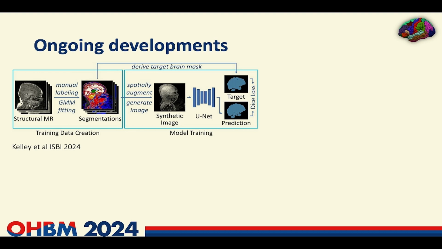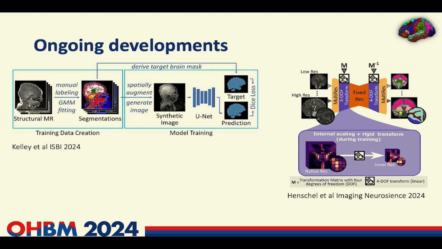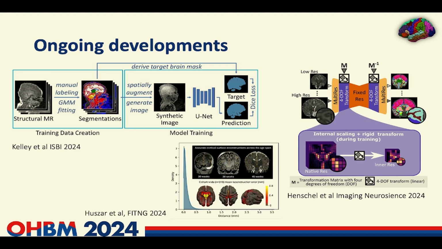We have right now a new skull stripping technology, a new volumetric segmentation, and a surface fitting algorithm. These are all deep learning based solutions. And we are hoping that by midsummer or the end of the summer, these are all going to be part of the pipeline. We just need to thoroughly test how each individual step is affecting the final output of the full pipeline.